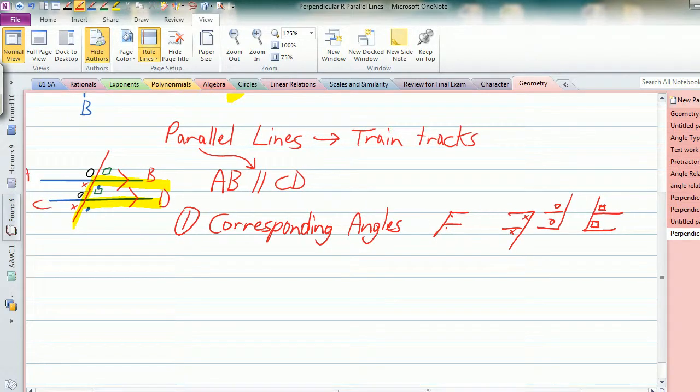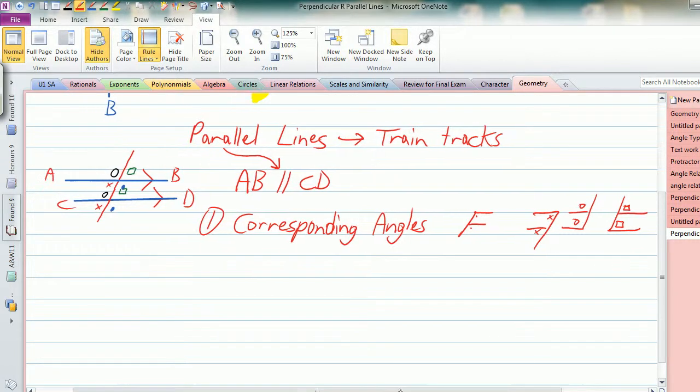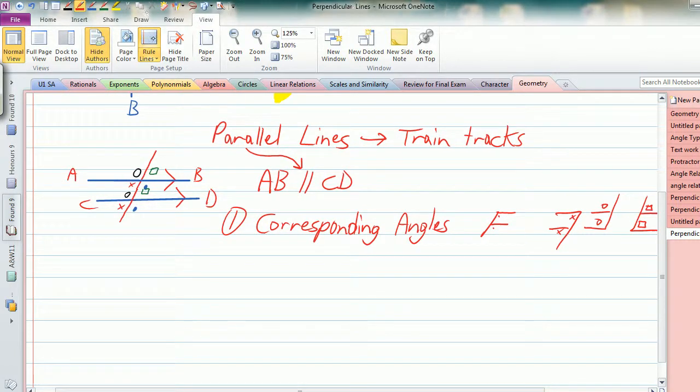So the letter F is what you're looking for. To help identify it, take your pencil, touch it to the paper, and draw it, please. Trace over the lines to help you see what letter is being formed. Okay. Now, those are corresponding angles. What we also have found is that if we have, let me just separate these apart here.